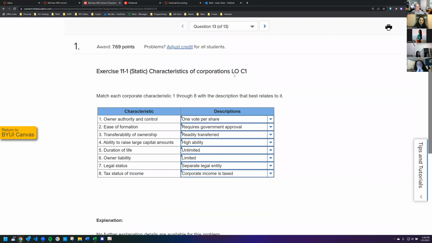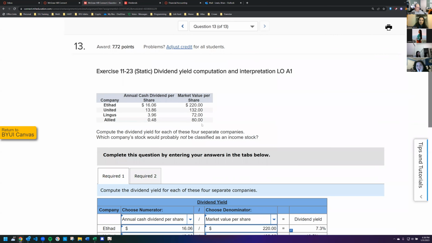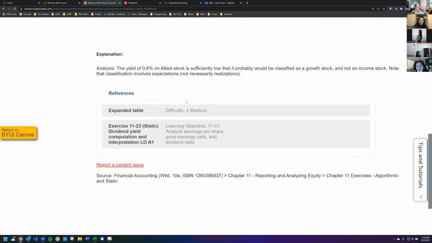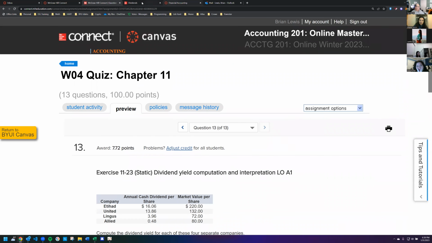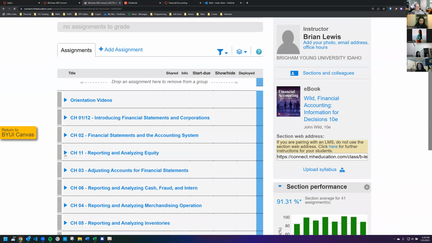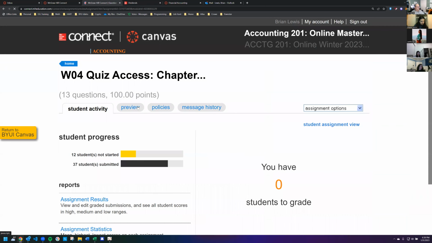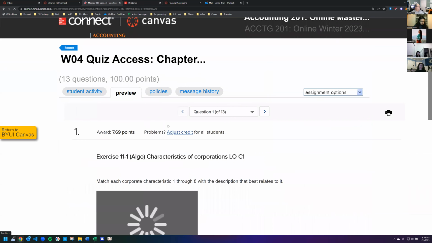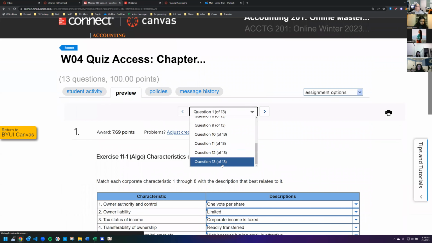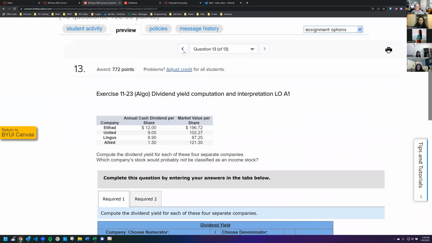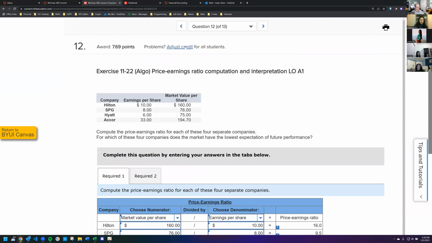Let me go back to the last one. That's dividend. This is just dividend yields. This is not what I'm looking for. Let's see if the quiz access had it. Dividend yield again. Price earnings.